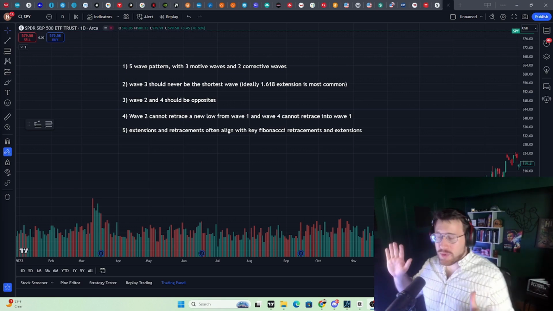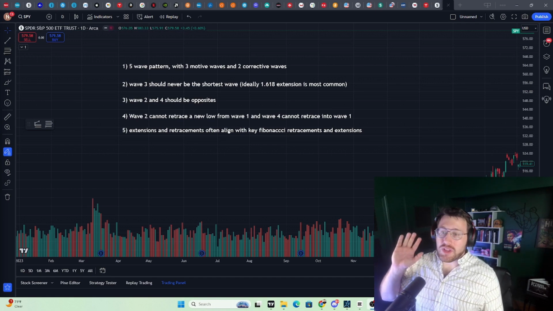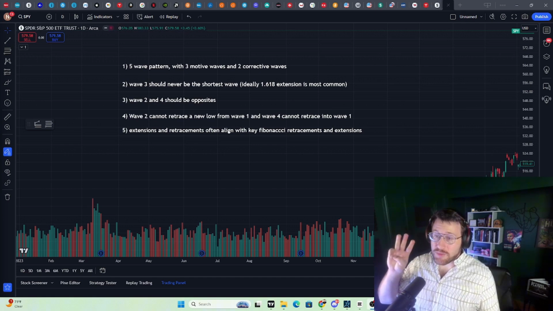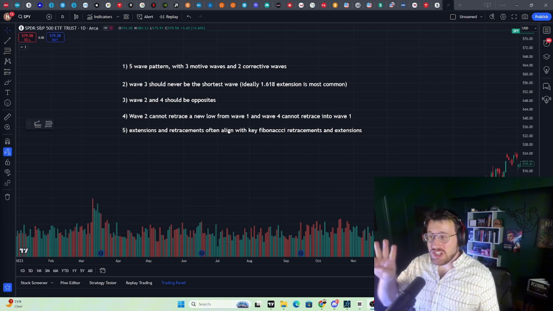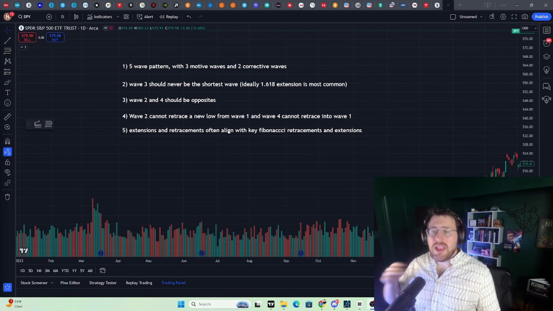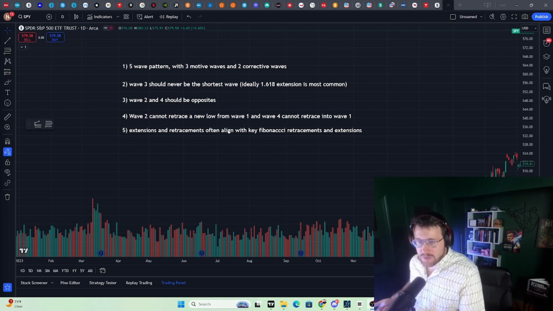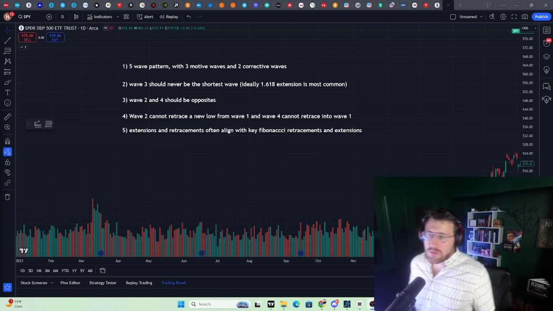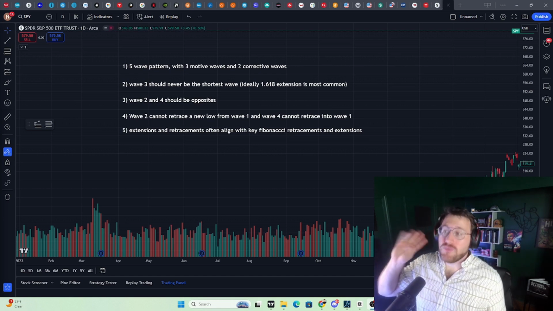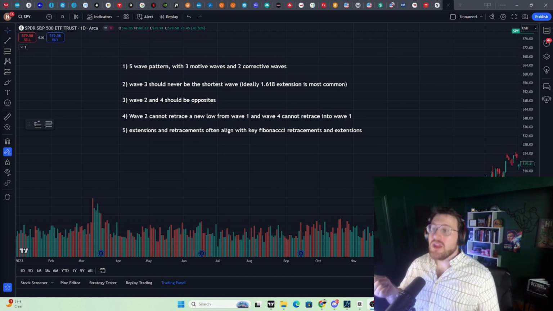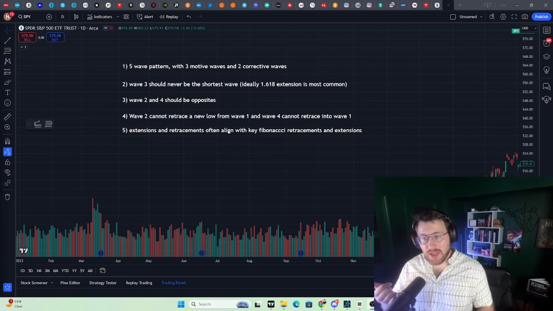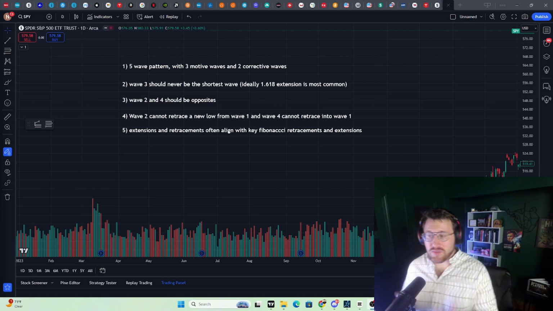So for the 5 rules, remember, you're looking for the 5-wave pattern. It should have 3 motive waves and 2 corrective waves. Wave 3 should never be the shortest wave, and ideally it's a 1.618 extension, because that's the most common. Wave 2 and wave 4 should be opposites. If wave 2 is simple, wave 4 should be complex, and vice versa.